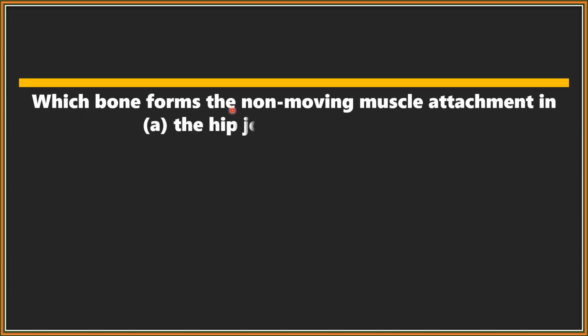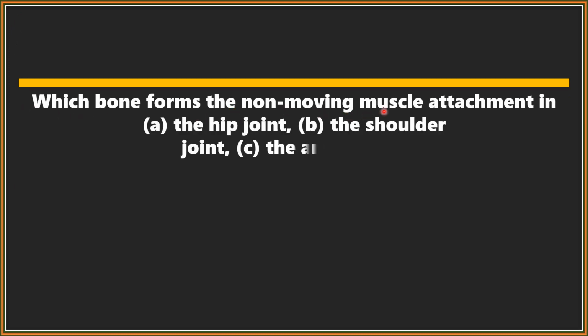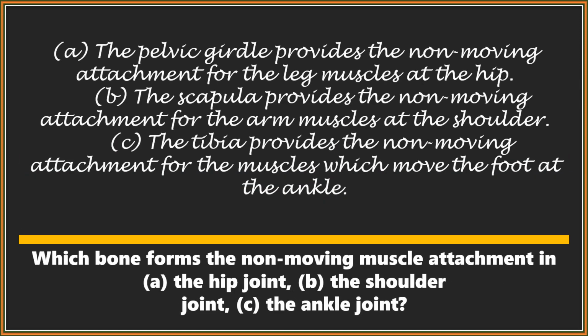Which bone forms the non-moving muscle attachment in a hip joint, the shoulder joint, the ankle joint? The pelvic girdle provides the non-moving attachment for the leg muscle at the hip.